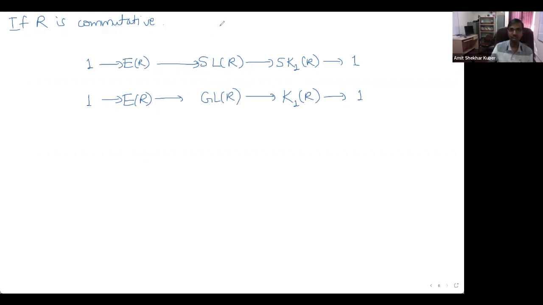Over here, we can complete this particular vertical exact sequence, SLR, GLR. If R is commutative, then we can simply map it to R cross, the multiplicative group of units. This is R cross, and this is 1.